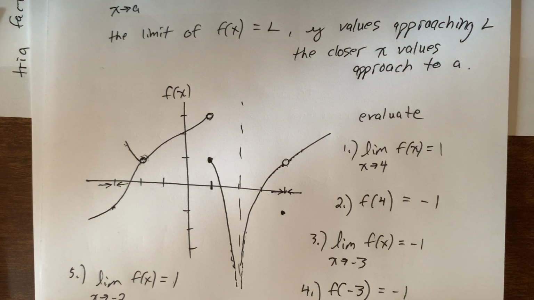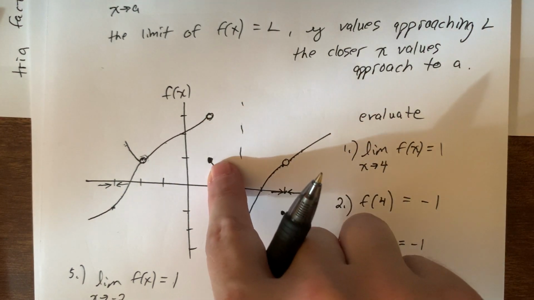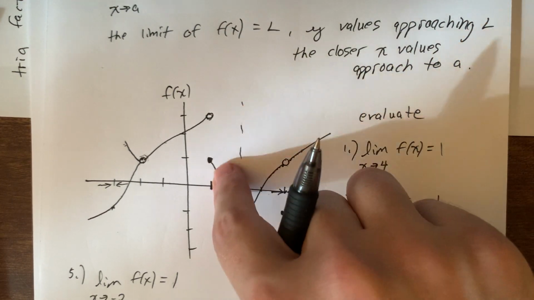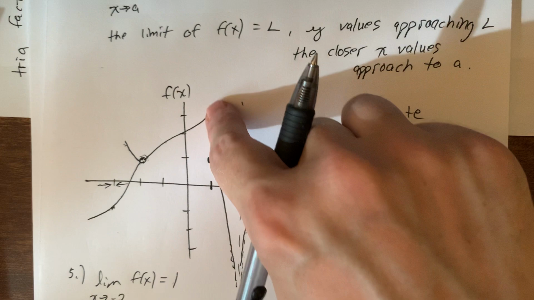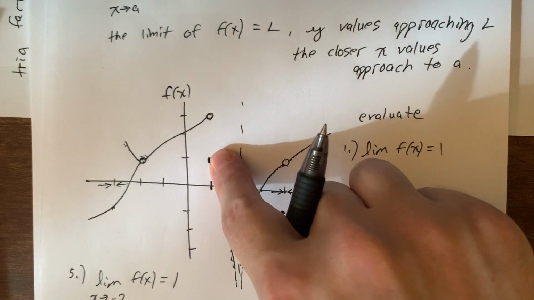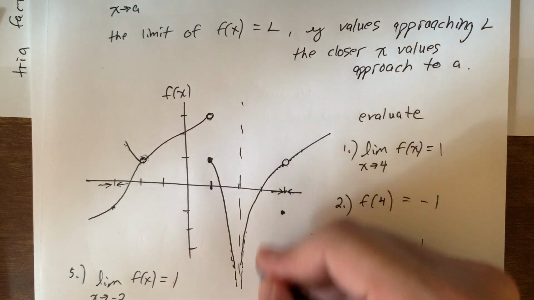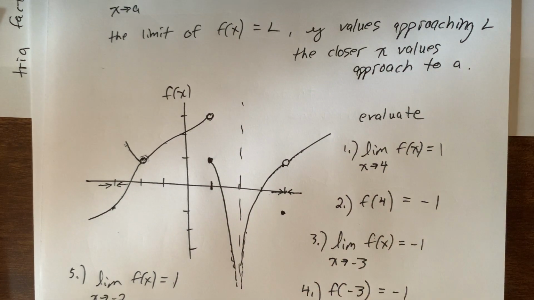That would be a does not exist, just like this one was. Positive and negative infinity are just as different as 3 and 1 are. So over here, we were going to a different spot. The limit did not exist. If this was my graph right here, right at x equals 2 would also be a does not exist.